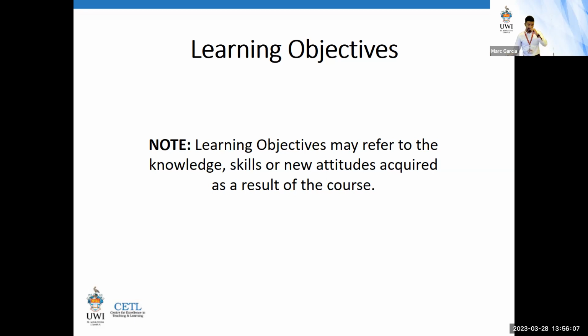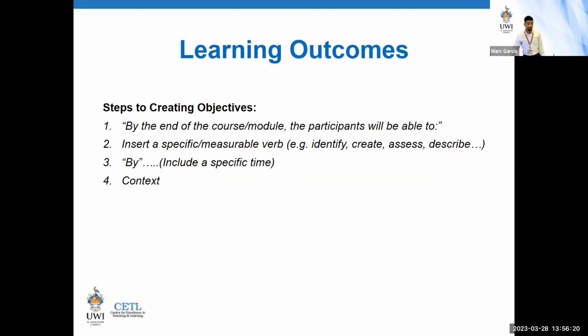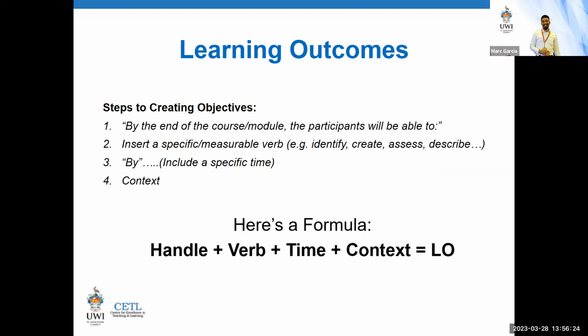We did identify the 3 domains, the cognitive, psychomotor, and affective. And we also highlighted the taxonomy and the whole hierarchy of things and verbs that you can use. Remember, we had a formula. All right, Leticia? I know you like the formula. Handle plus verb plus time plus context equals an exemplary learning outcome.